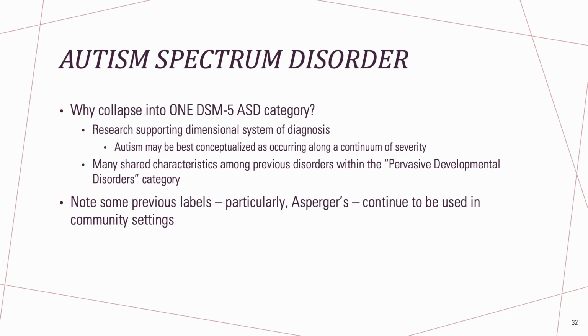I think I may have mistakenly said pervasive developmental disorder was the larger umbrella section within the DSM-4 that mental retardation was housed under. That is actually not true. So pervasive developmental disorders in DSM-4 was specific to what we would now classify as autism spectrum disorder. So the slide I just showed you is still correct. That's all related to autism.